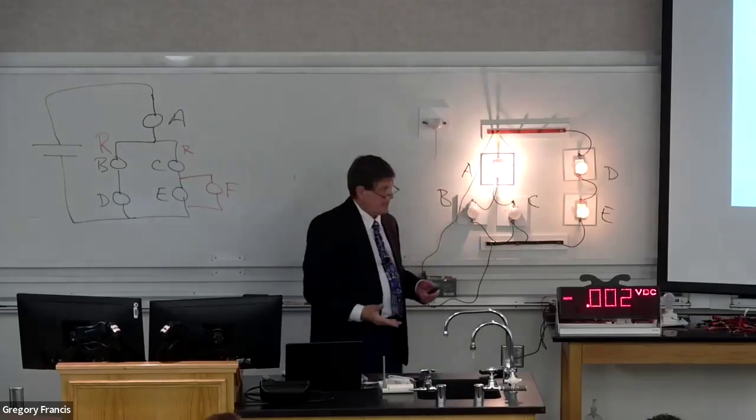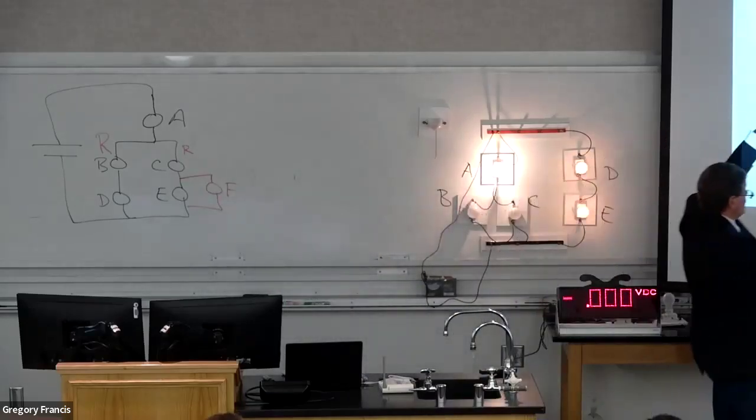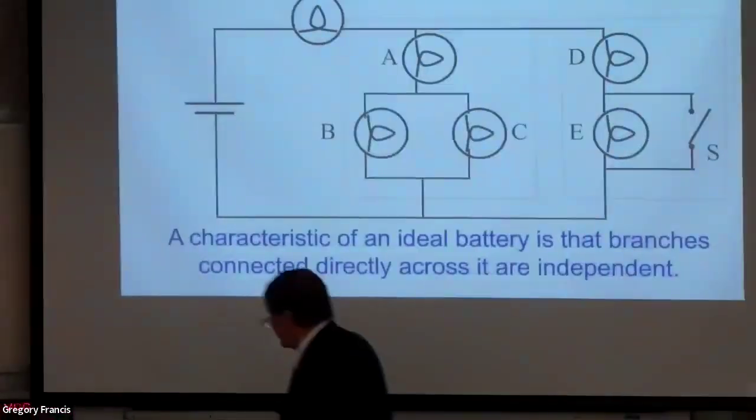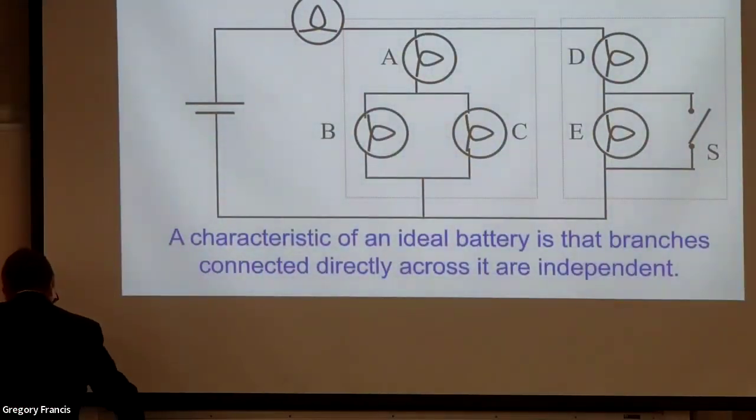And the key is that I've got 12 volts across this branch and 12 volts across that branch, independent of what happens to the other branch. That's the explanation for our observation last day. That's why they're independent, is that they have 12 volts across them if they're connected to both sides of the battery. Now, if we put that indicator bulb in there, let's go ahead and do that.